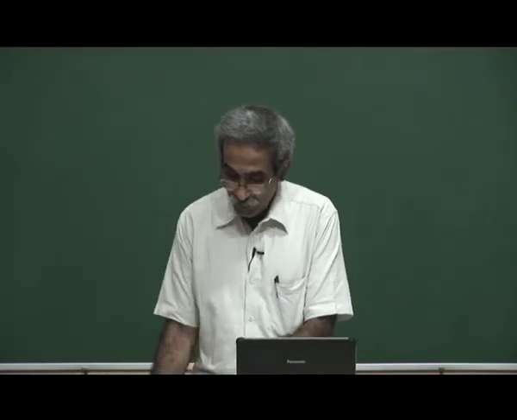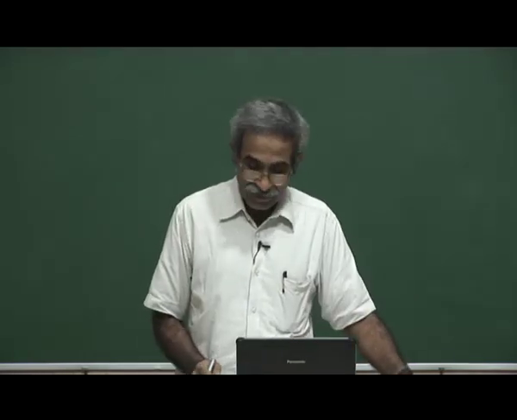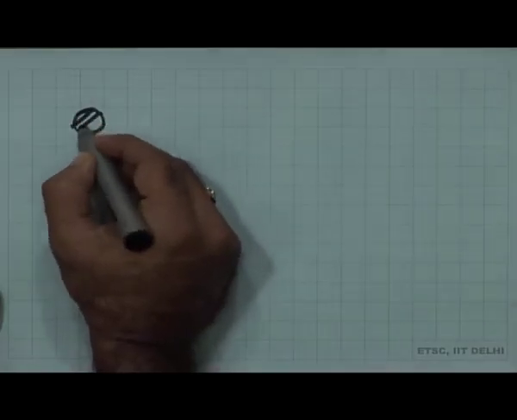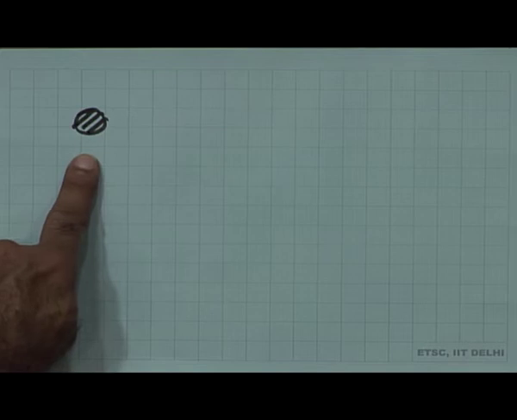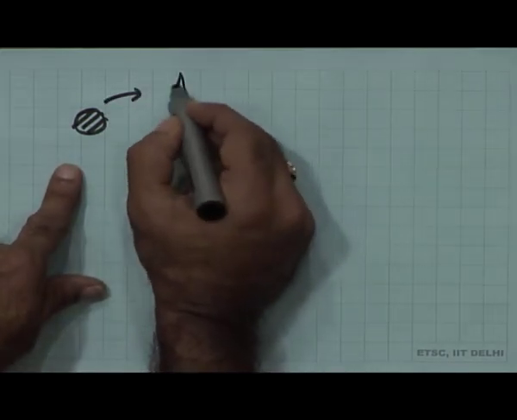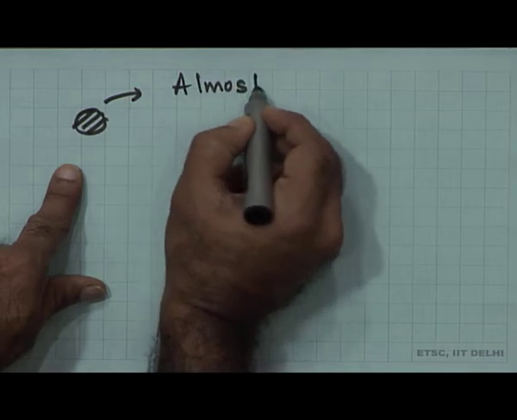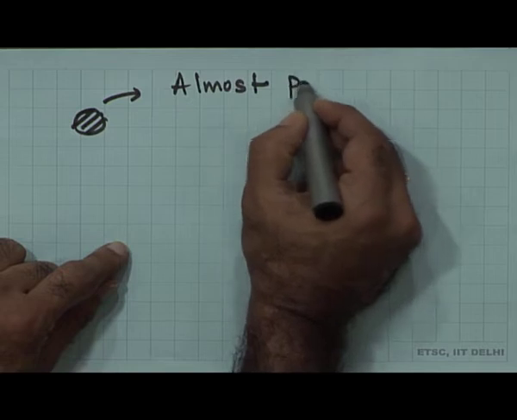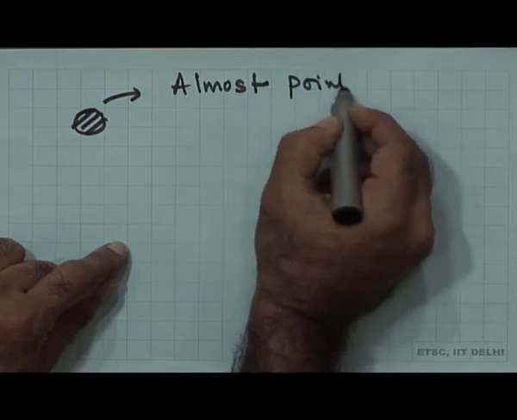So let us do a crude analysis. What is the crude analysis that I can do? So imagine that all the positive charge is contained in a very, very tiny region, which is almost point like. So this is an underestimate of the closest distance, almost point distribution.